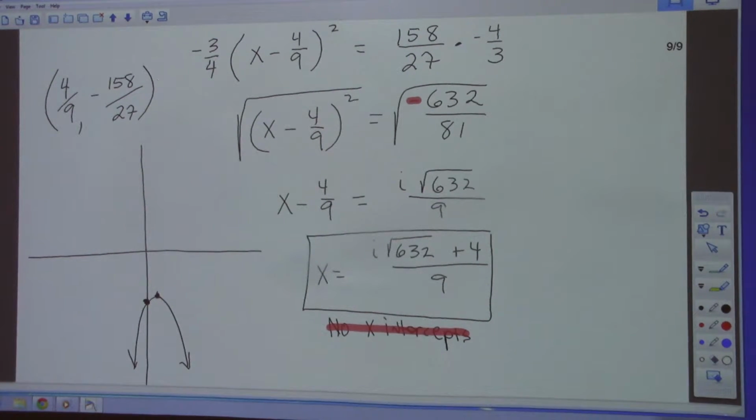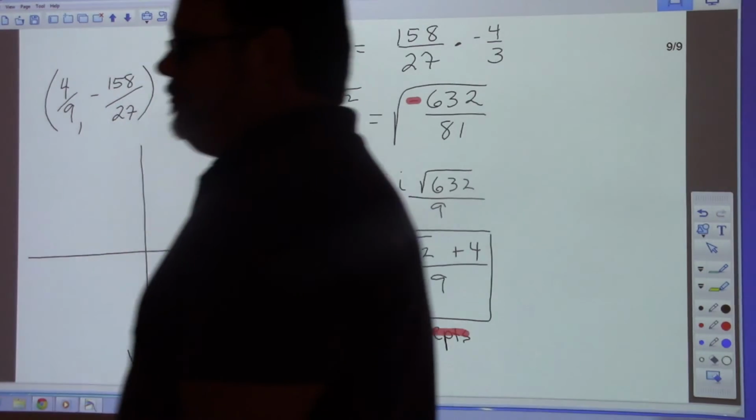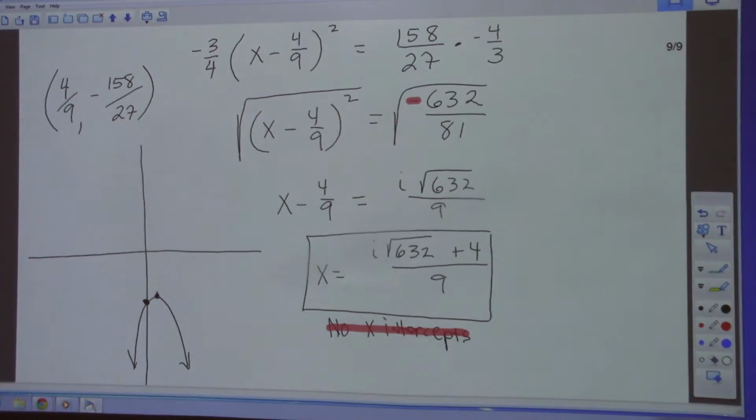Now, how do you practice these? Well, make them up. You can make them up all day long. How do you check them? With your calculator. I don't have an on-board calculator. I got to get them put on. I don't know why IT took them off, but anyway, they took them off. Take your calculator. Everybody got the calculator?